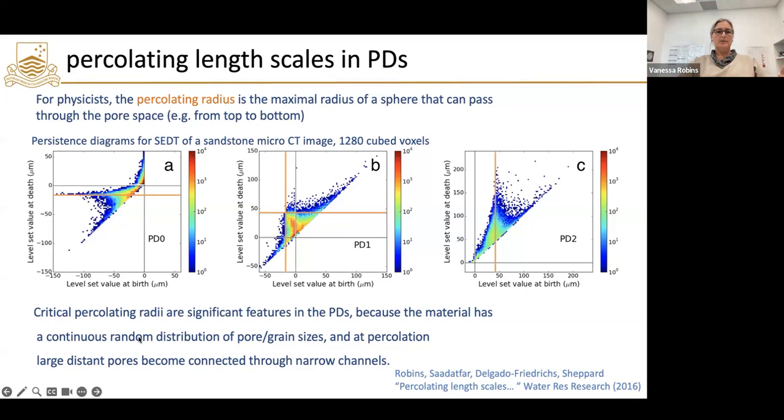When I'm working with a sandstone here, the pore sizes are coming from some continuous random distribution, and the throats are also coming from a fairly continuous random distribution.